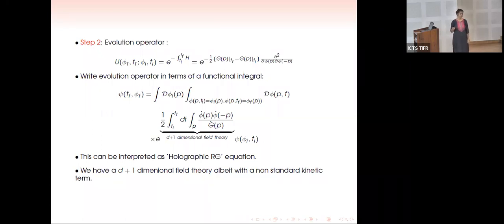And you are thinking of, so this evolution operator is in gravity, is that right? Yeah, so we were to interpret this as a D plus one dimensional field theory. And now there is an extra dimension dt, which we will see that we can connect with Z of AdS. What I'm confused about is that you introduce this U. So that H is H of what? This is the H of the CFT.